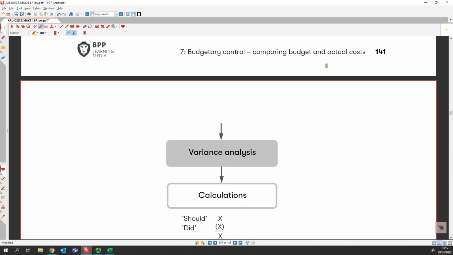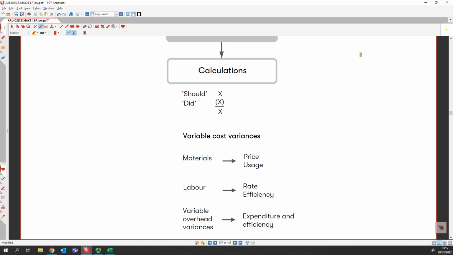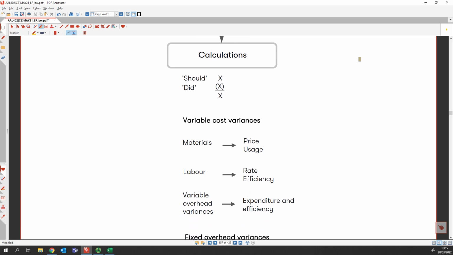Now the variance analysis, certainly the calculation bit, you'll find that we are always asking ourselves two questions and then comparing the answers to those two questions. What should it have cost us, and what did it cost us? Now the question will be worded slightly differently as we move from one variance to another, but that's essentially the pattern that we will be using.